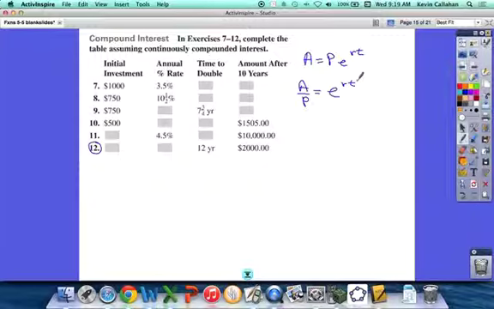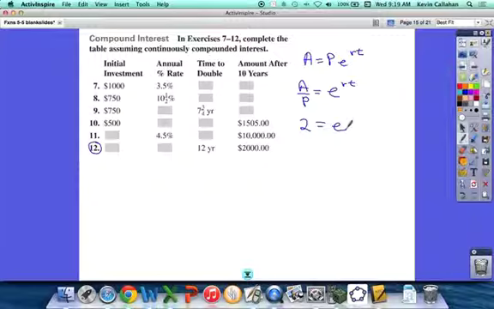Here, when I doubled it, it was 1,000. You divide 1,000 by 500, you get 2. 750, it was 1,500. You divide 1,500 by 750, you get 2. It's always going to be that. It doesn't matter what the initial investment was. So for this right here, the time to double, I can use that.